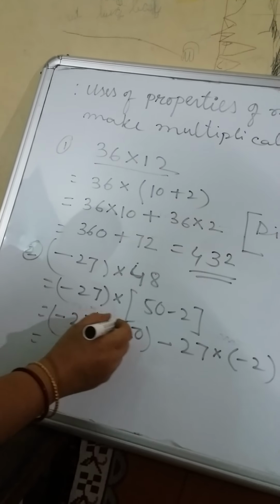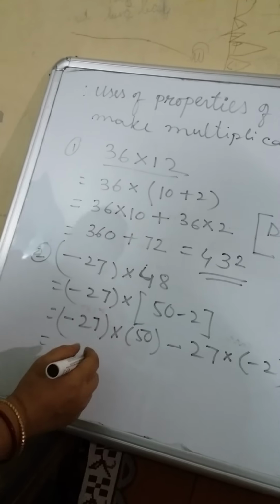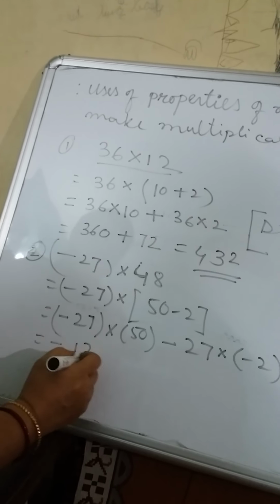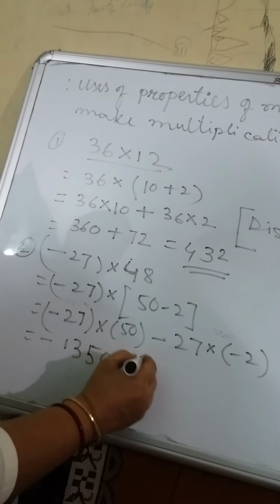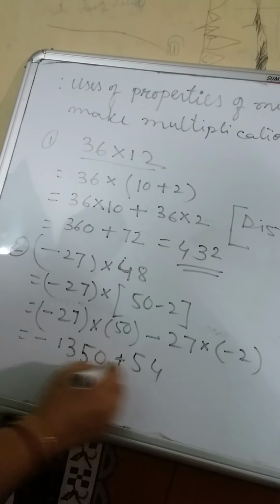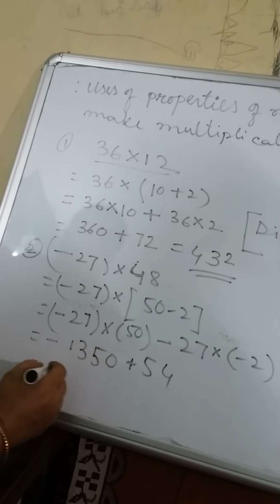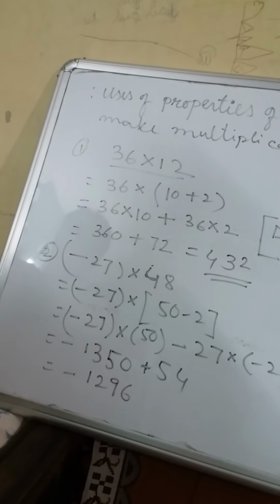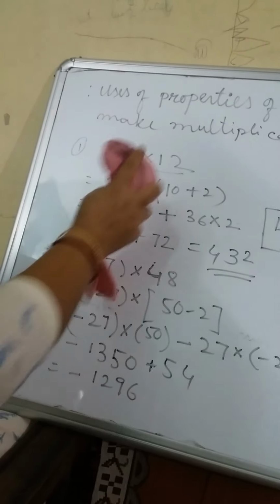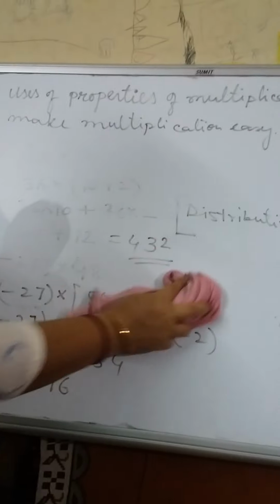So minus 27 into 50 is minus 1350. This minus into minus will be plus 54. So the answer will be minus 1296. Understood?